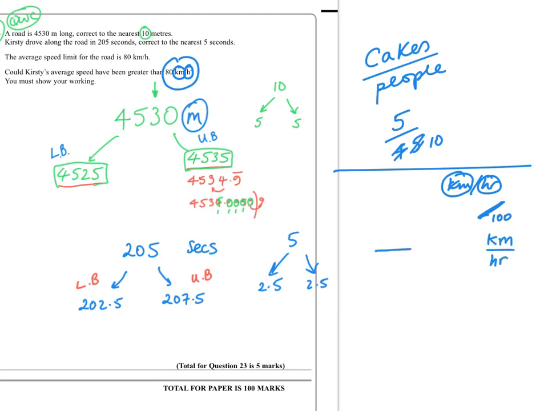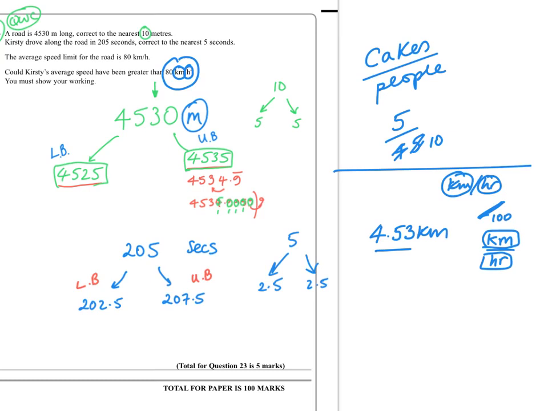So we're looking for a fraction which has kilometres on top and hours underneath. What we must first do is look at not 4,530 metres, but we know there's 1,000 metres in a kilometre. So we've got here 4.53 kilometres.